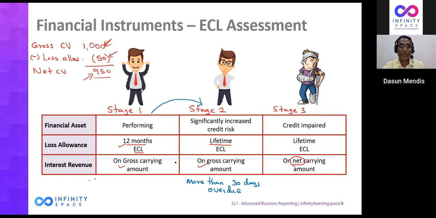Rebuttable presumption means it's a challengeable presumption. Normally, if it is more than 30 days due, it goes to what?